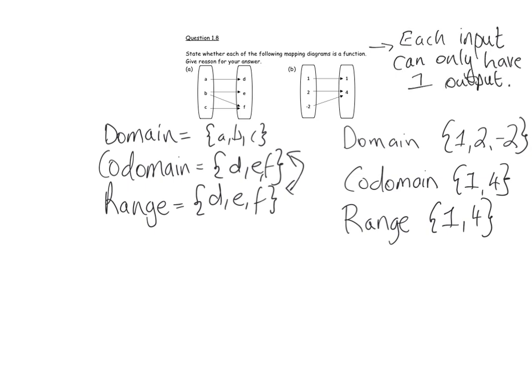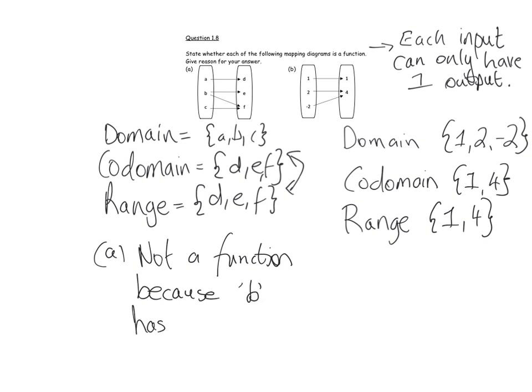In the first one, A maps to D, so A only has one output. B, however, maps to E and to F. So A is not a function because B has more than one output.